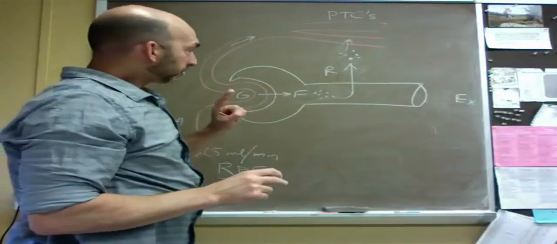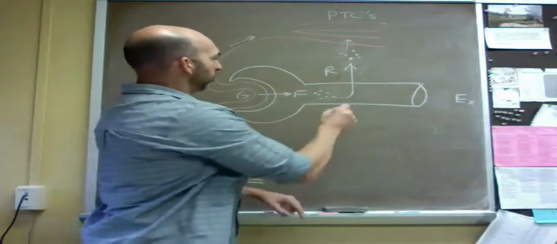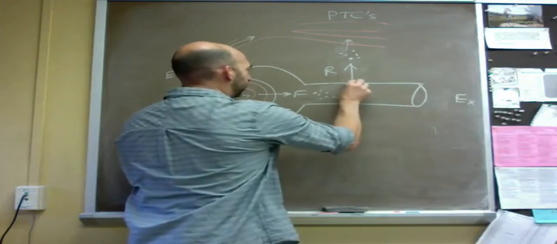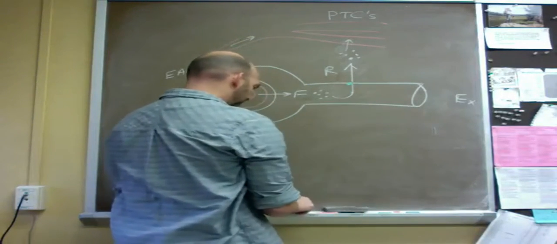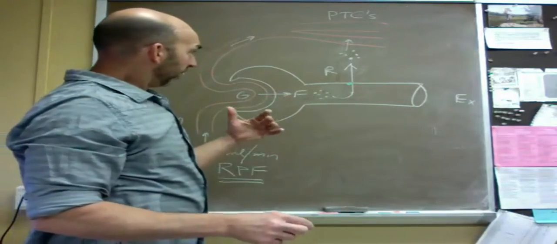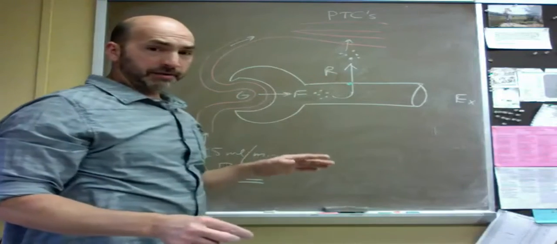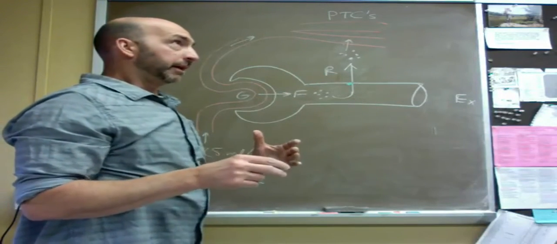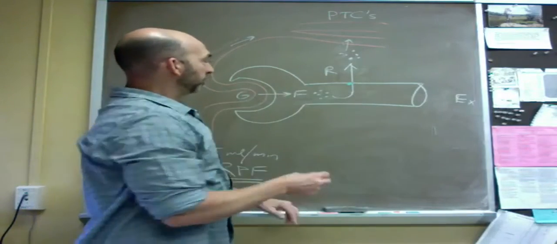However, there is a point at which the transporters, molecules that are aiding the movement of glucose, or most other solutes at least, out of the nephron can become saturated. What that means is that you provide them with so much glucose, right?